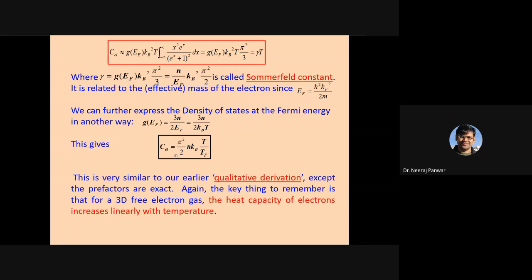And here we see the electronic specific heat is proportional to the first power of temperature. So electronic specific heat increases linearly with temperature. This is the quantitative derivation of the electronic specific heat.